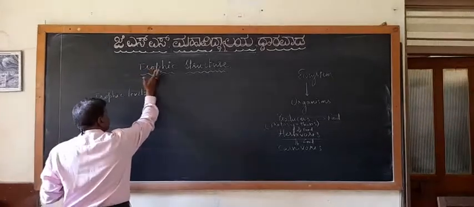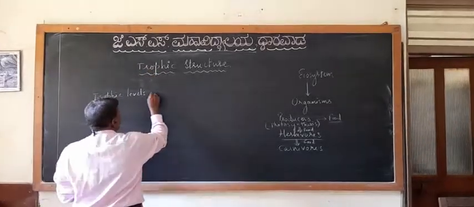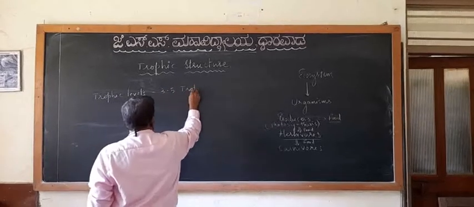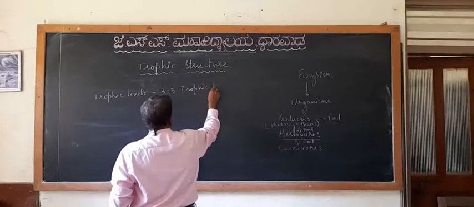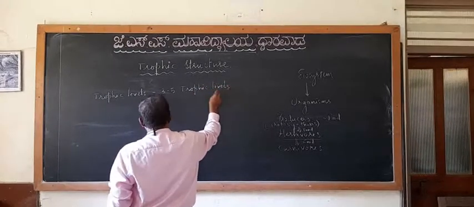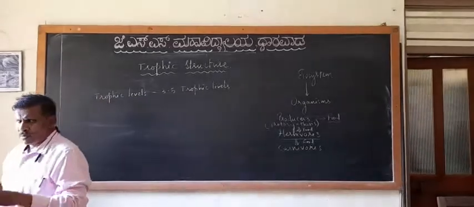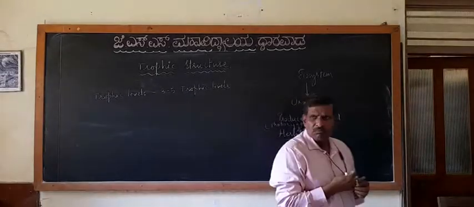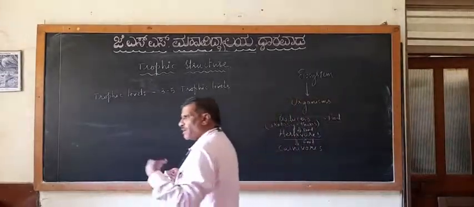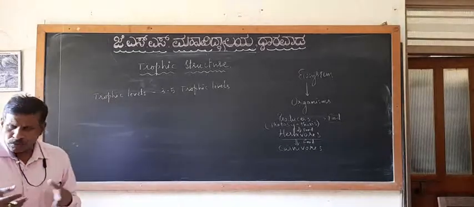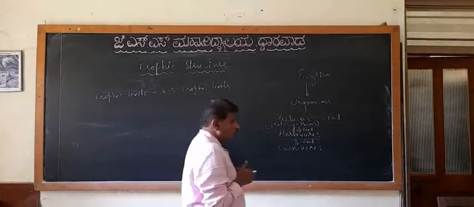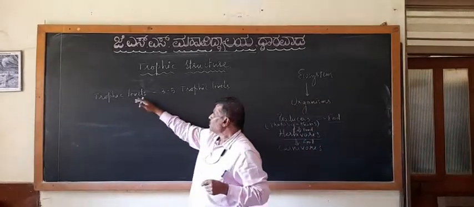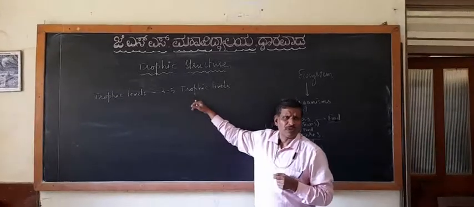There are 3 to 5 trophic levels present in every ecosystem, whether it is an aquatic ecosystem or a terrestrial ecosystem, be it a forest, be it a desert, be it an ocean. In any kind of ecosystem for that matter, we find trophic levels of 3 to 5 different types.